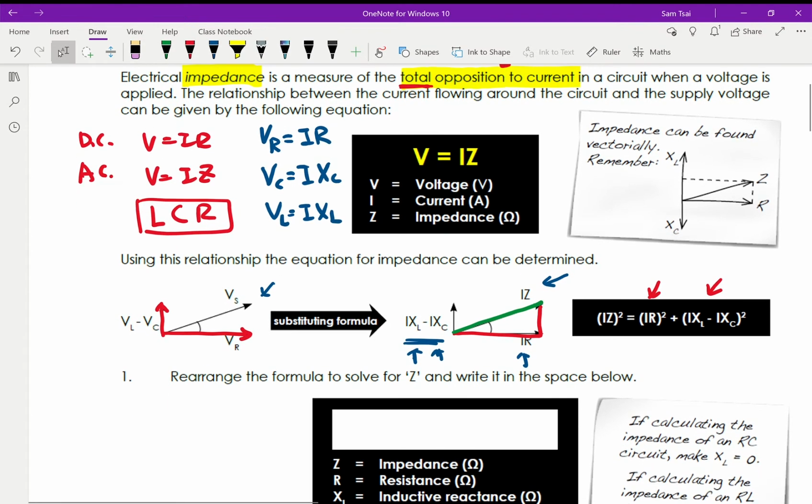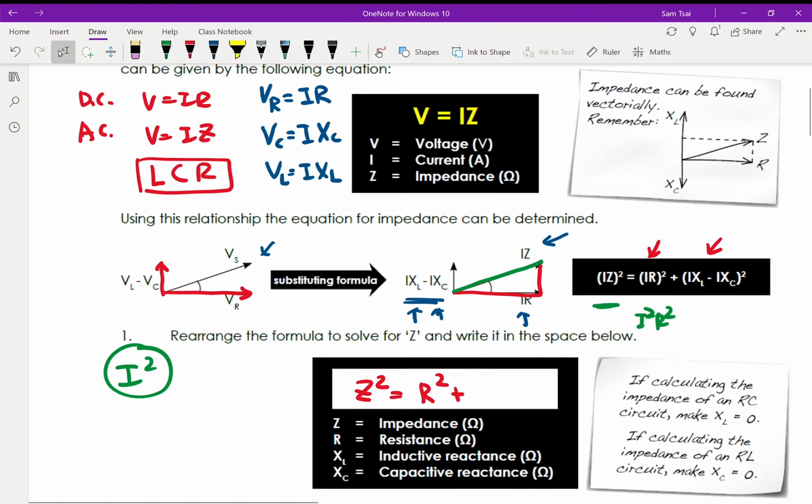If we cancel the I squared, we only have Z squared here, and here will be R squared. Then the next one is IXL minus IXC squared.